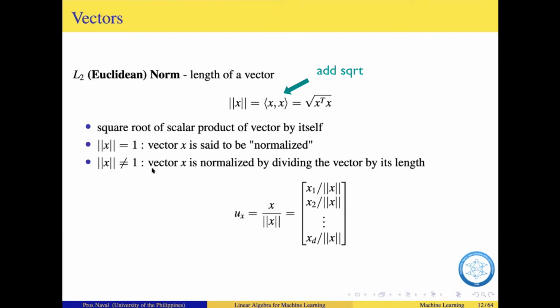However, when the norm of the vector x is not 1, we can normalize the vector by dividing it by its length. We do this by dividing each of the elements of the vector by its length, which is this. And this now results in a unit vector.